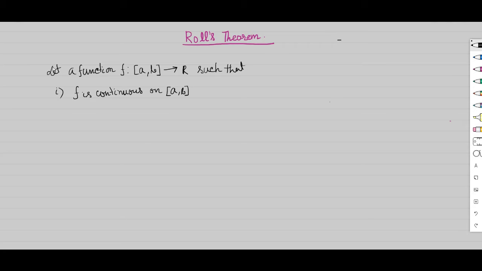Number 2, f is differentiable on the open interval (a, b), and number 3, the image of a and the image of b are the same.